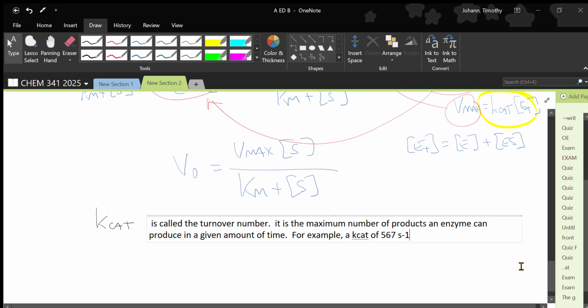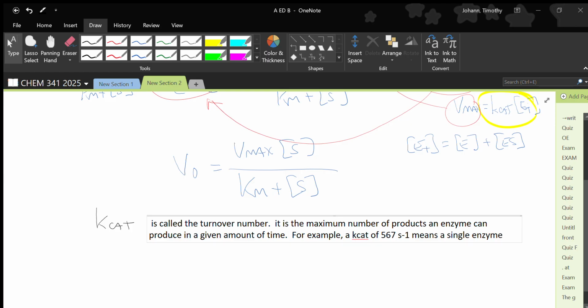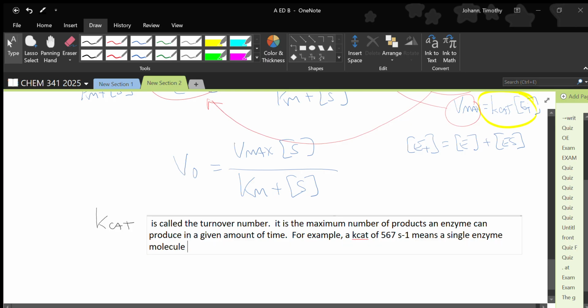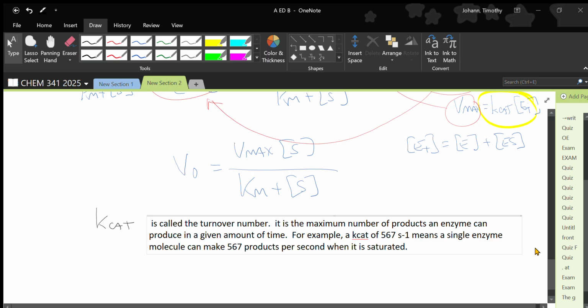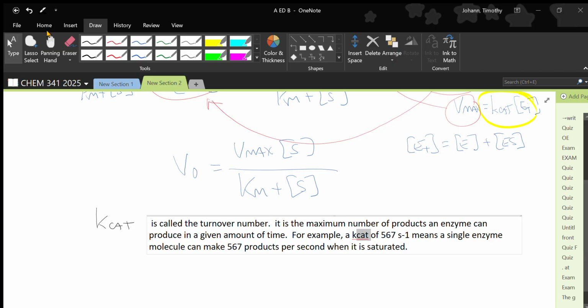So seconds to the -1, okay, means a single enzyme molecule, right, they're big molecules, can make 567 products per second when it's saturated. In other words, when we have so much substrate around that the enzyme is always bound to substrate.